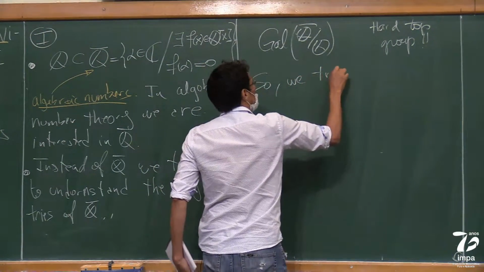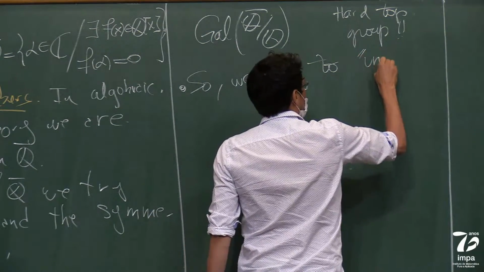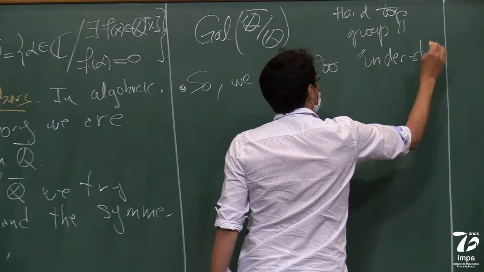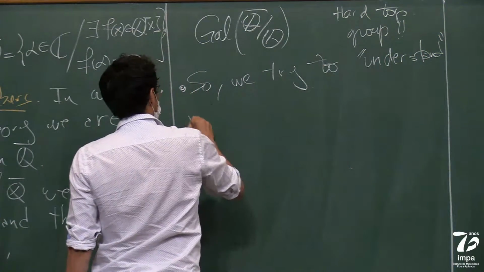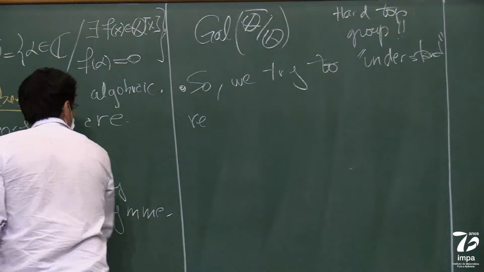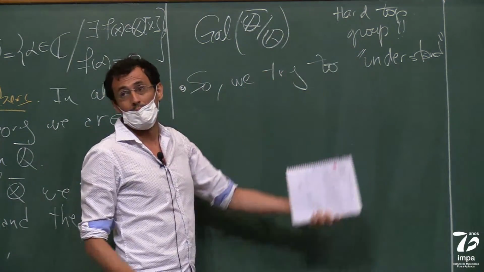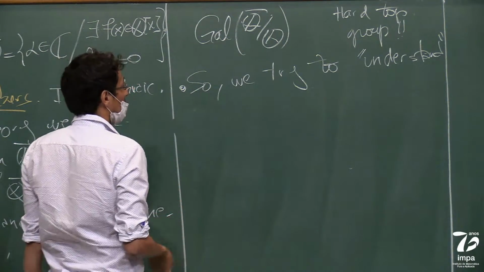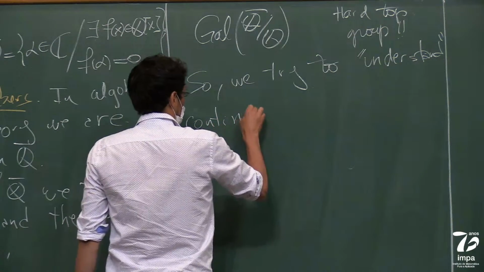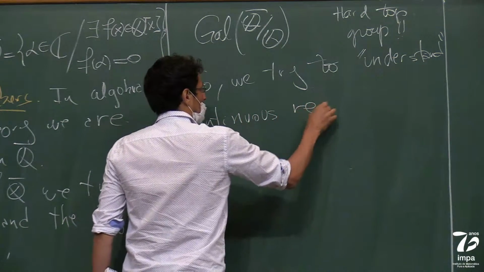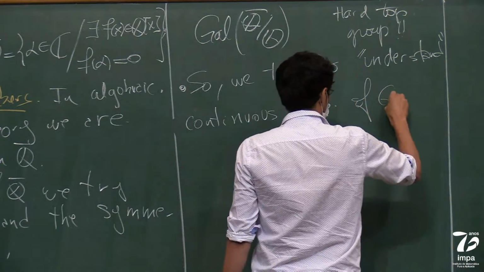We try to understand representations of this group, and since it's naturally a topological group, you try to understand the continuous representations of this Galois group.